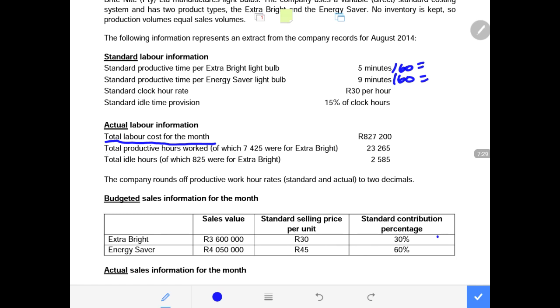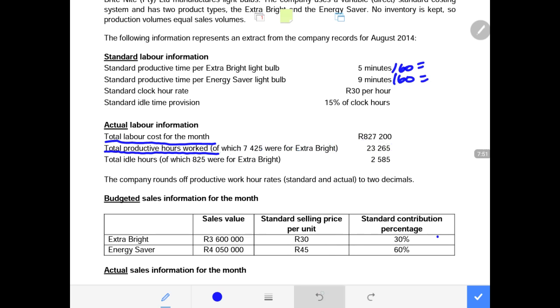Now they give us the total productive hours worked, 23,265 hours, of which 7,425 is for extra bright.